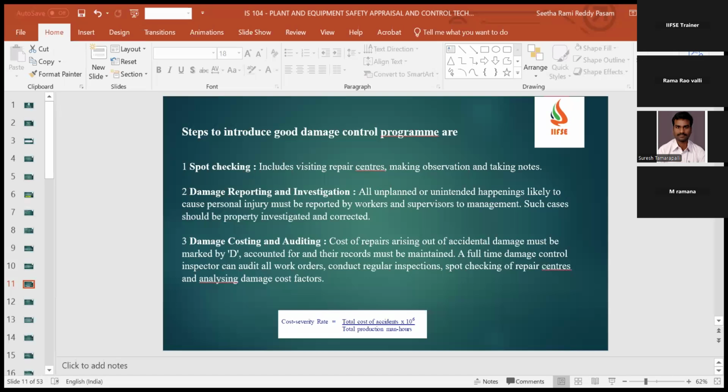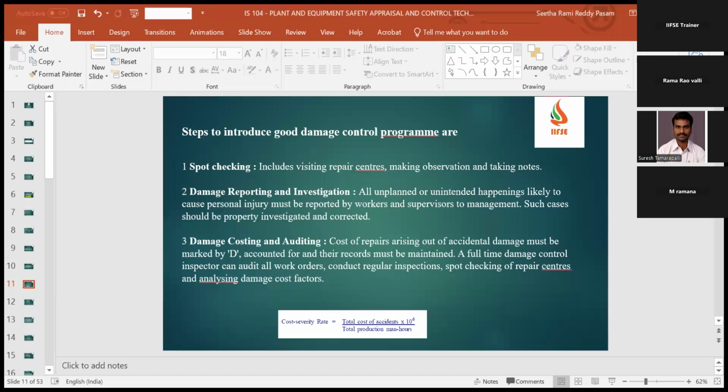So all unplanned or unintended happenings likely to cause personal injury must be reported by the workers and supervisors to management. Such cases should be properly investigated and corrected.